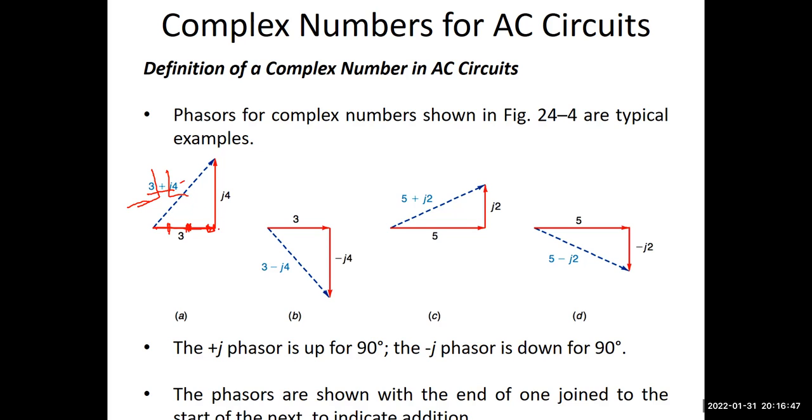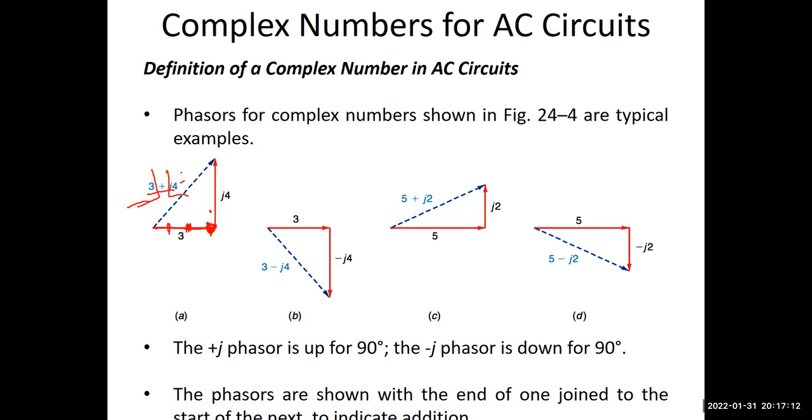While yung ating vertical naman would be the imaginary axis. So when we do vector or when we do phasors, we actually do the addition by having the head to tail concept of phasors.